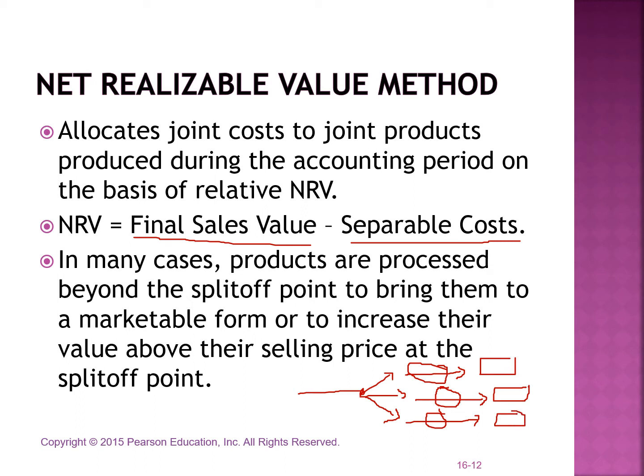This method is used for that case, which means we will have the final sales value of that product minus the separable cost. This is the separable cost, this is the separable cost, this is the separable cost, in order to find out what we call the net realizable value, and then we will allocate using the amounts that have resulted.